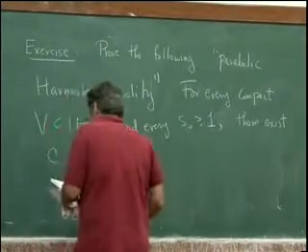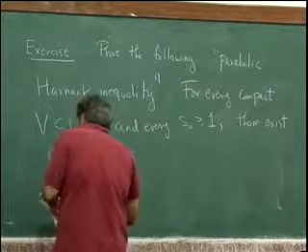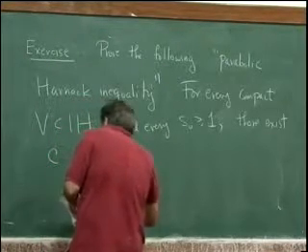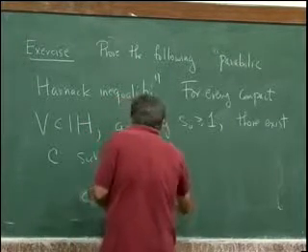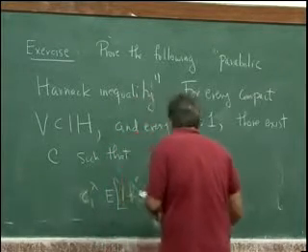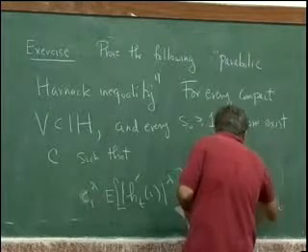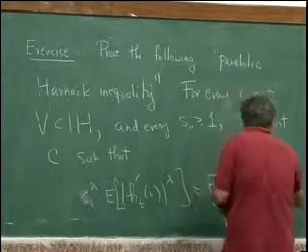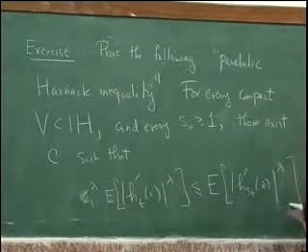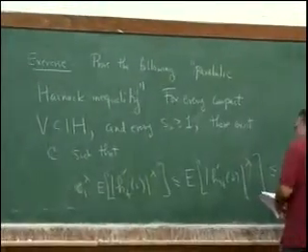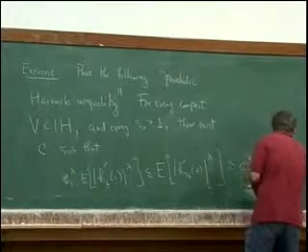such that C1 to the lambda expectation h_t'(z) to the lambda is less than or equal to expectation h'_{s t}(z) to the lambda, less than or equal to C2 to the lambda expectation h_t'(z) to the lambda.